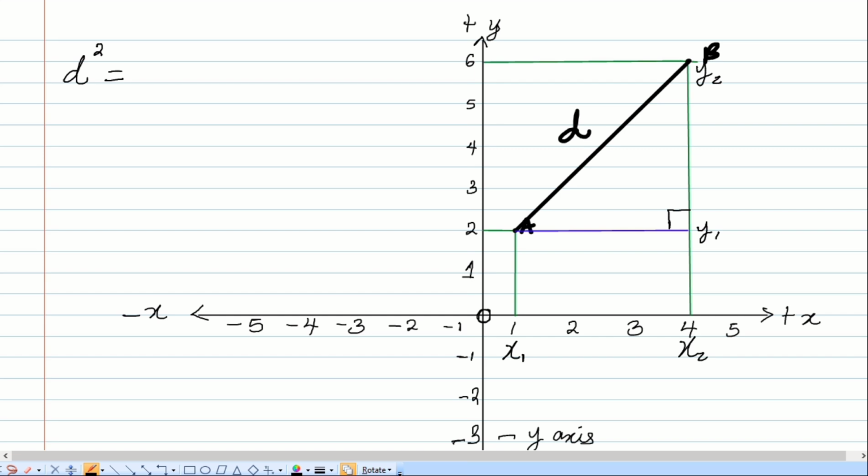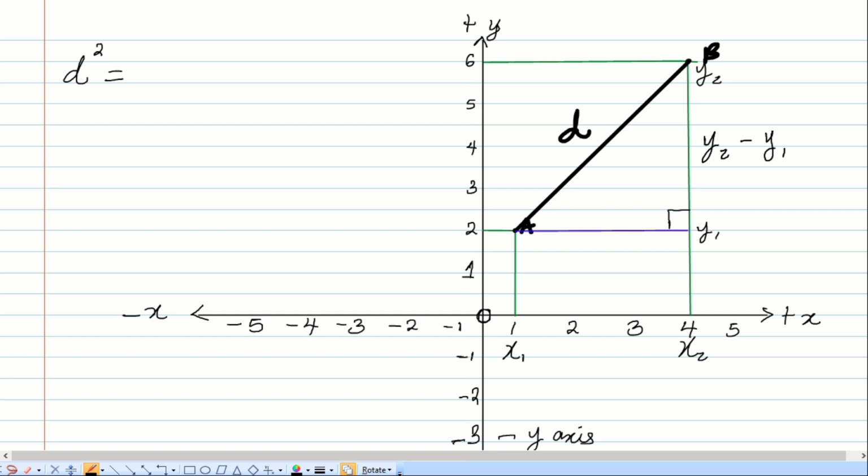So if this is our opposite right here, what would be the value for that? Well, you see that if this is y1 and this is y2, then the distance between y1 and y2 would obviously be y2 minus y1. Just get the change, or rather the difference between the value of y2 and the value of y1.